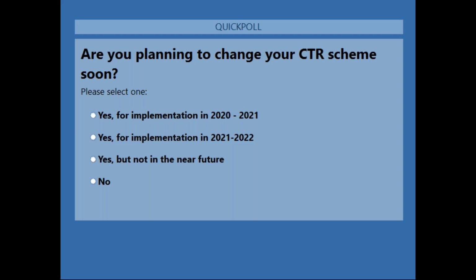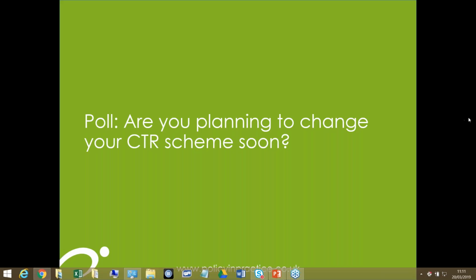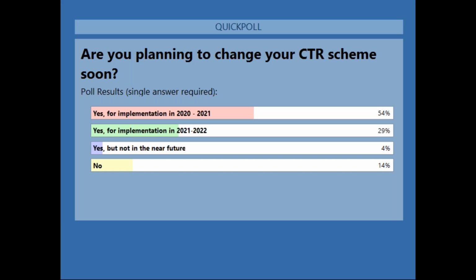So I can see lots of answers coming in, and it's great to see some quite interesting results. I'm going to give you a couple more seconds, and then I'm going to close the poll and share the results on the screen. So there we go. Hopefully you can see now what the results are.